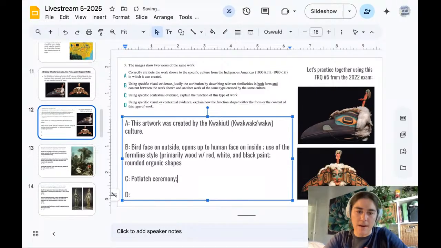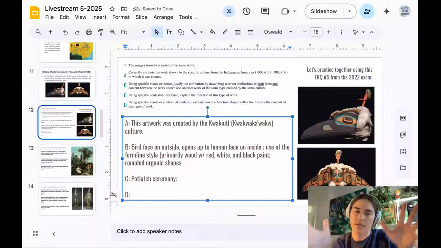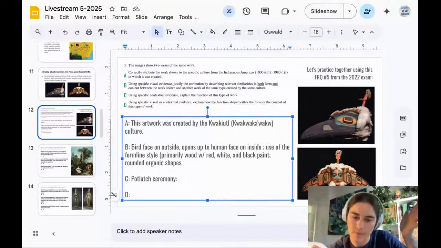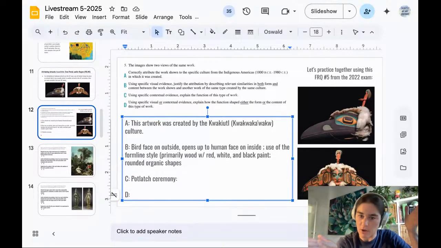I like to describe the potlatch ceremony basically as the Kwakiutl culture's version of Oprah's favorite things. You have these extremely wealthy people within the community that are hosting this big party, right? And during that party, they are hosting this enormous feast, and then there are these dances, and there are dancers wearing masks.